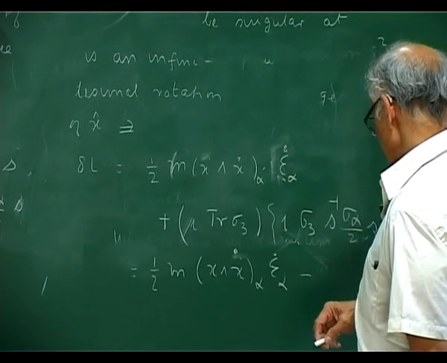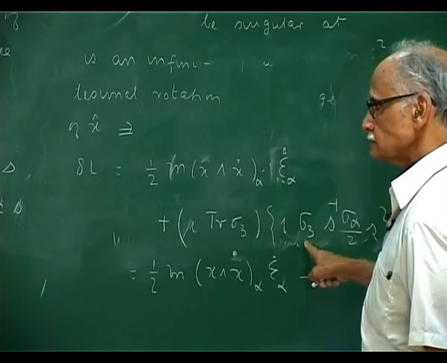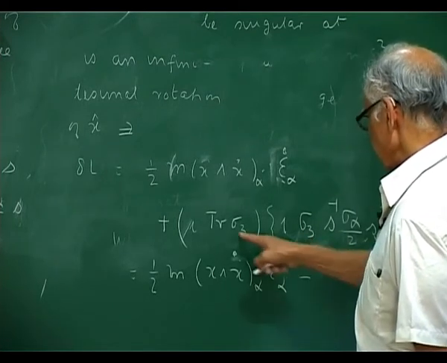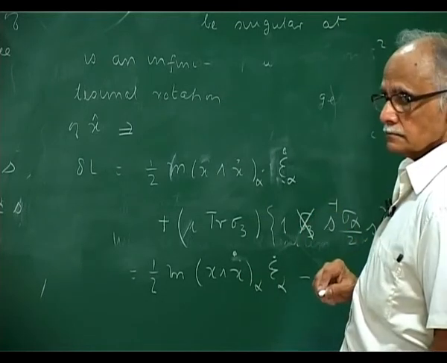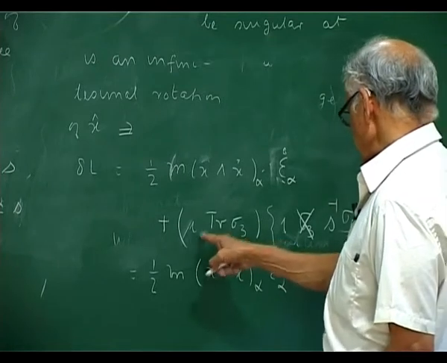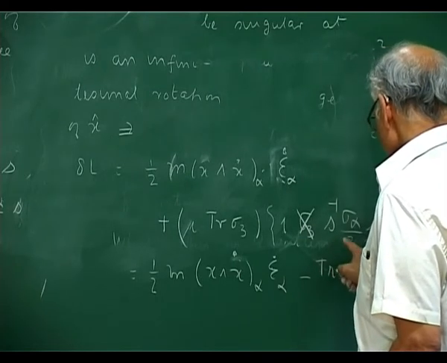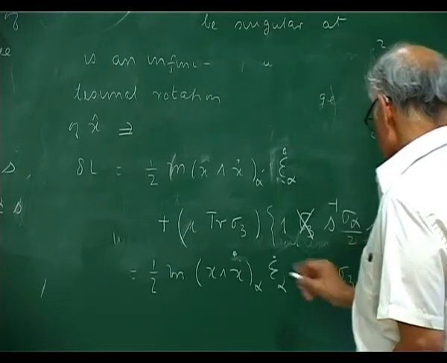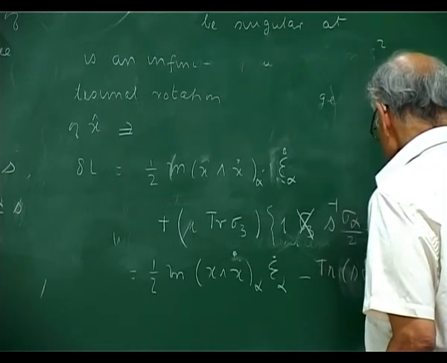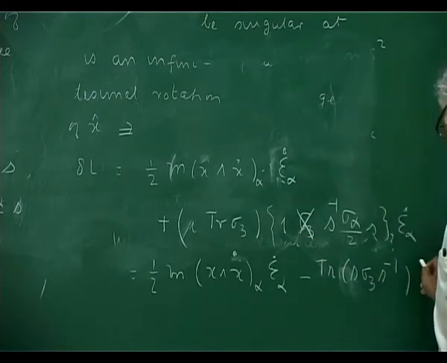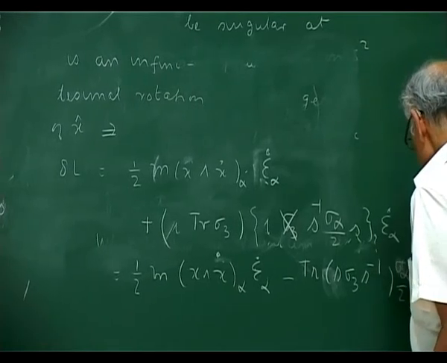I have put one sigma 3 too many here; this sigma 3 is not there. So minus trace sigma 3 times S sigma 3 S inverse sigma alpha over 2 times epsilon alpha dot.